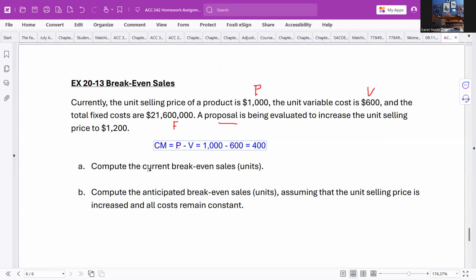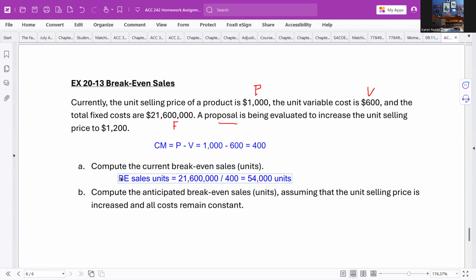If we want to calculate the break even sales units, it is again just going to be those fixed costs of 21,600,000 divided by that unit contribution margin of 400. So we get break even in sales units of 54,000 units. We need to sell 54,000 units of product to break even, to reach the point where our total revenue just equals our total costs.